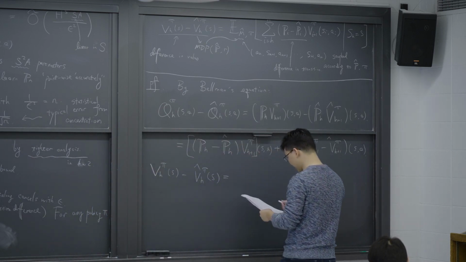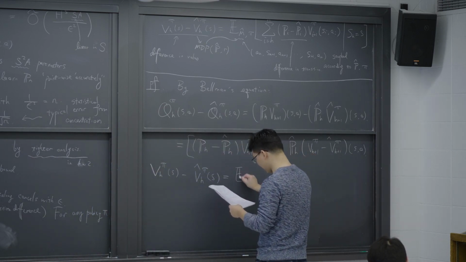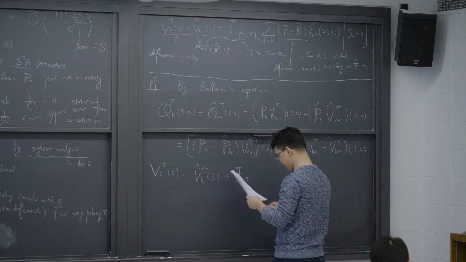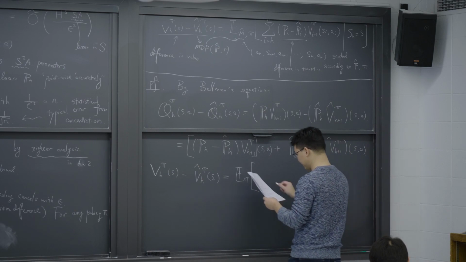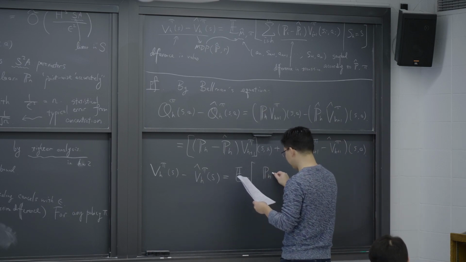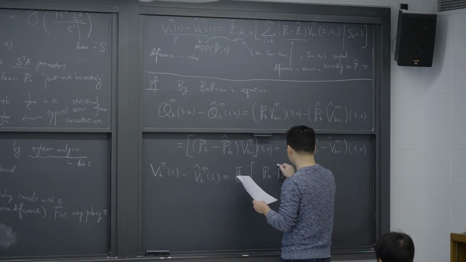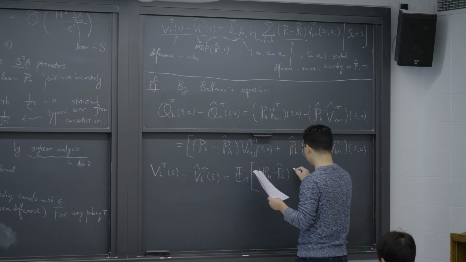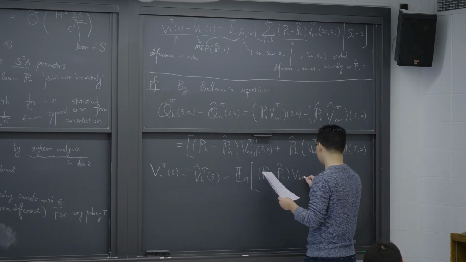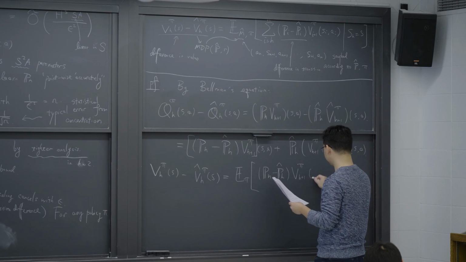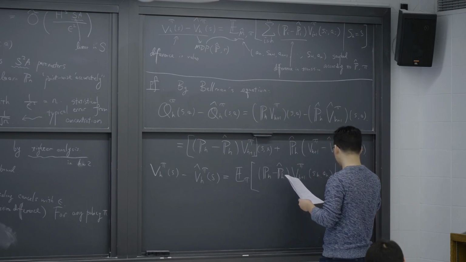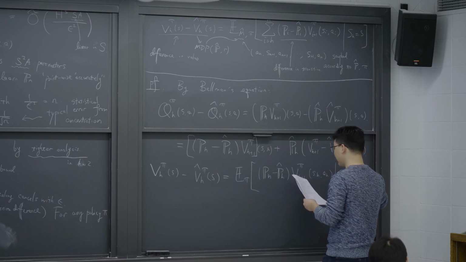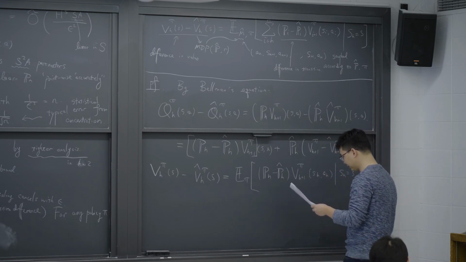So we just write it as the expectation over action through policy pi of P_H minus P_H hat, times V_{H+1}^pi(S_H, A_H), conditioned on S_H equal to S. This is the first term.